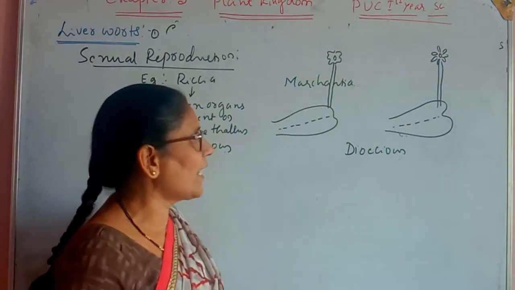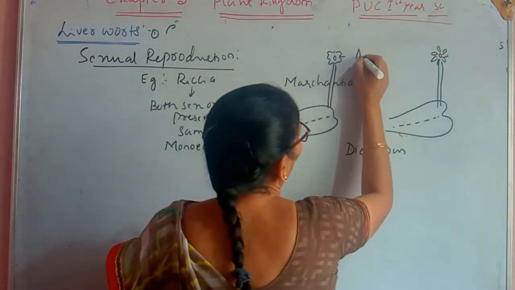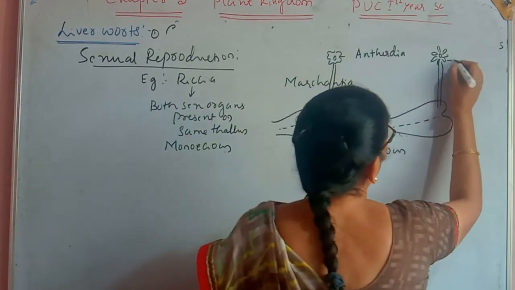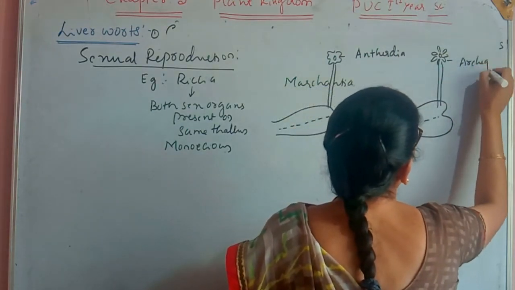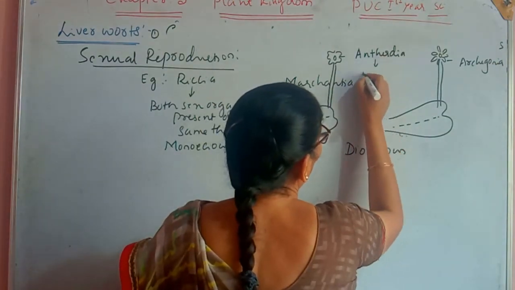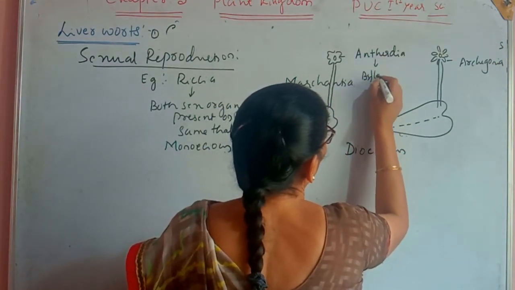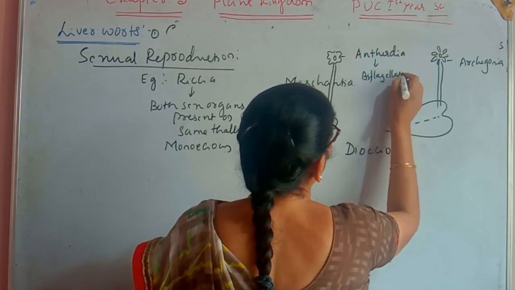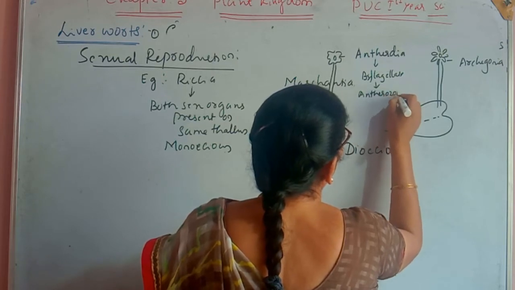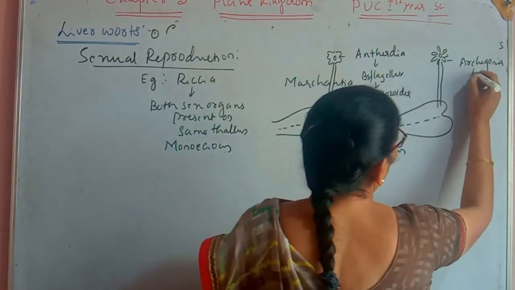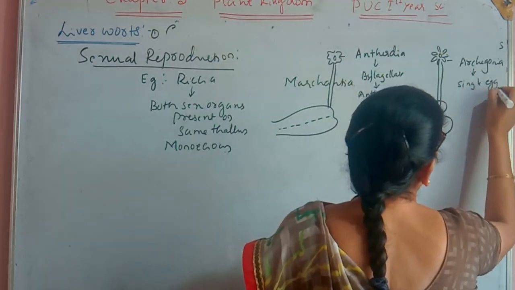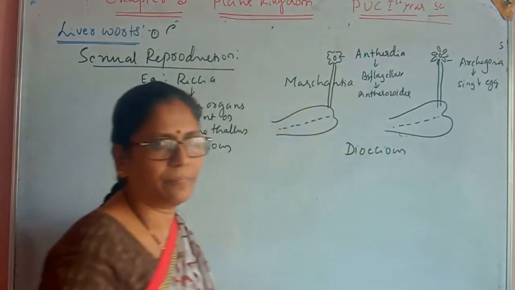Now, how does the process of reproduction take place? The male sex organ we call the antheridia. The female sex organ is called the archegonia. Antheridia produce biflagellate antherozoids, whereas archegonia produce a single egg within a flask-shaped structure.